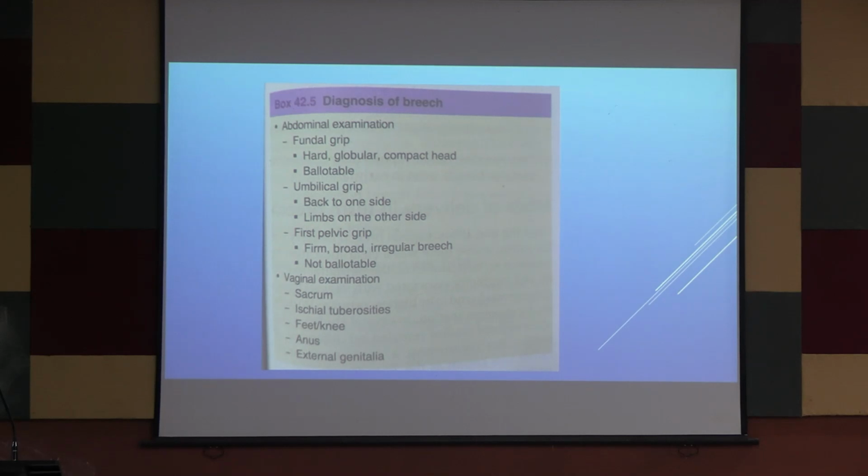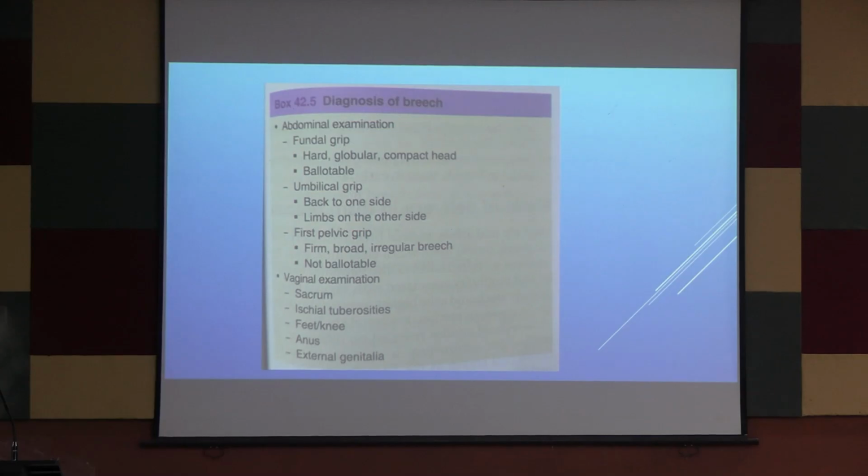How will you diagnose breech? By abdominal examination. In fundal grip, what will you get? A hard, globular, ballotable head in fundal grip. Umbilical grip: back to one side, limbs on the other side.